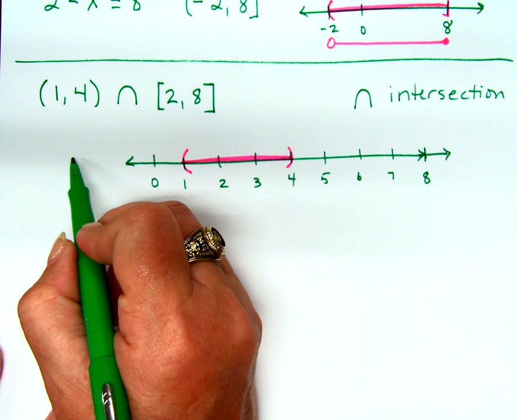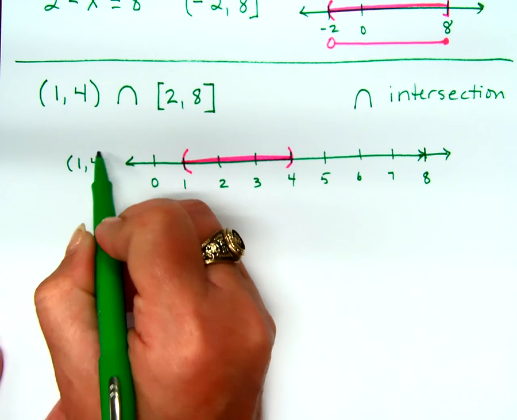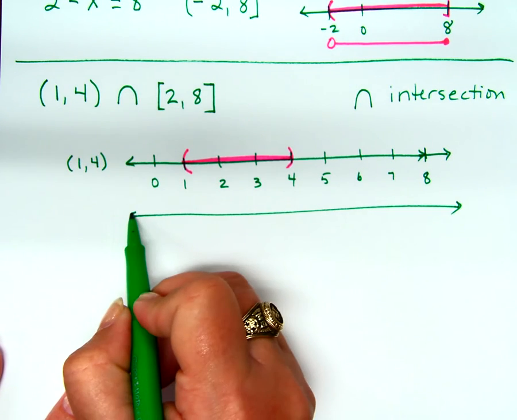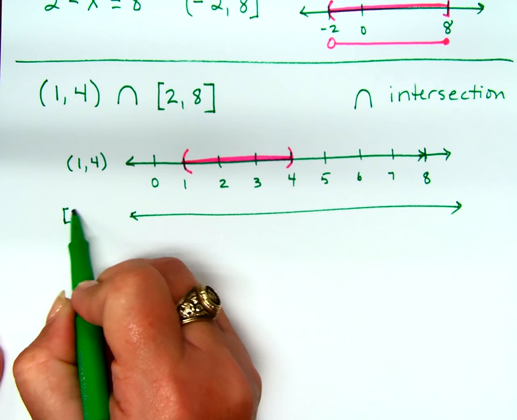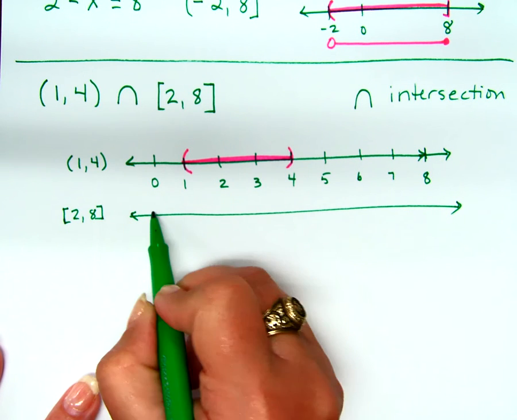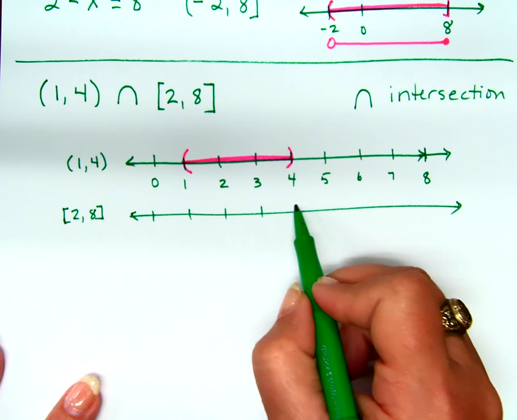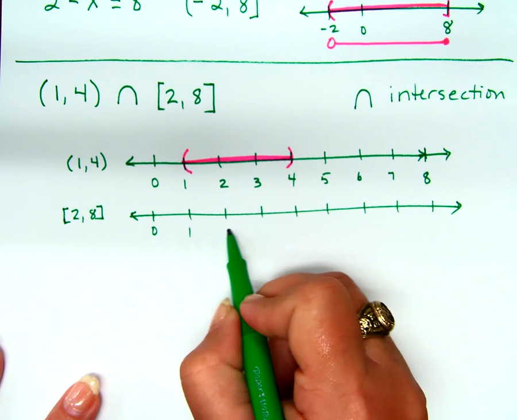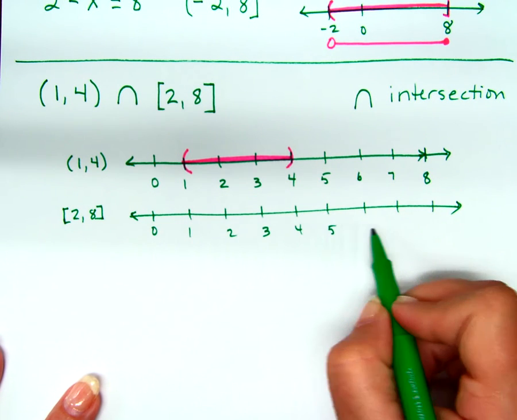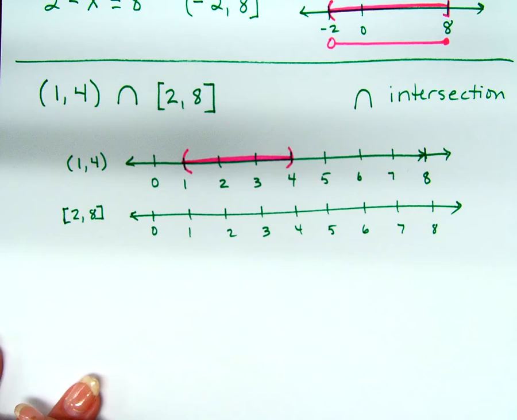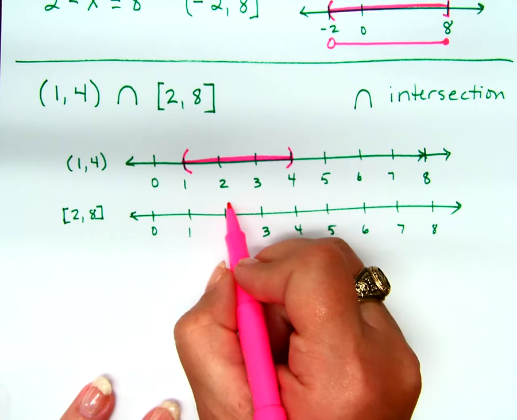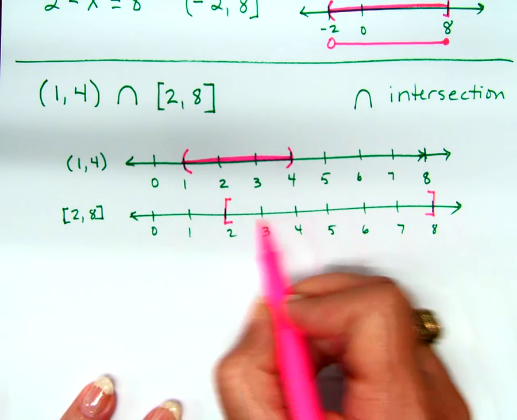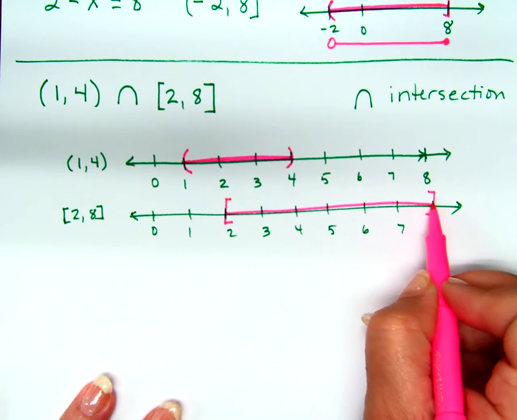So this is the one that is 1 to 4. What does 2 to 8 look like? 0, 1, 2, 3, 4, 5, 6, 7, 8. So 2 is here, 8 is here. That's everything between, right?